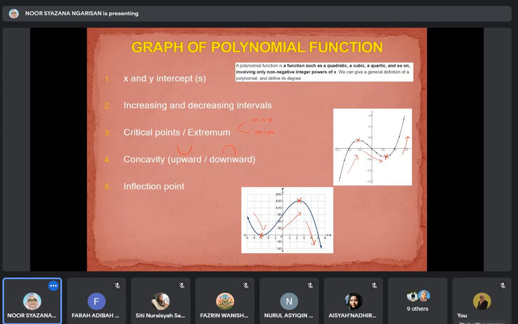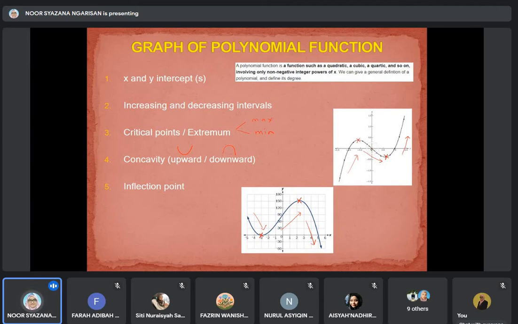Inflection ni, I cannot recall exactly the meaning in Malay, but dia adalah titik di mana concavity ataupun lengkungan ni akan berubah arah. Contoh graf pertama tadi, mula-mula concave downward. Graf ni mula masam kan?